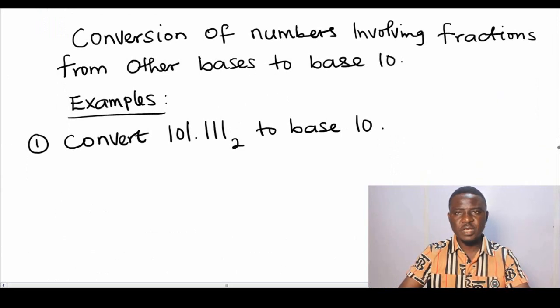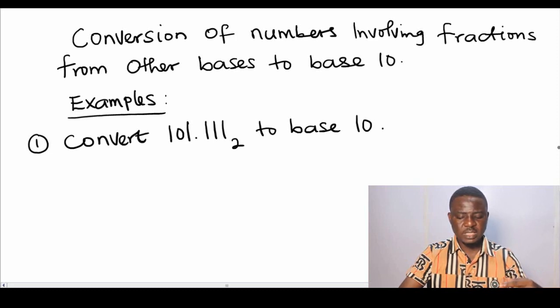I have an example here for us to solve: convert 101.111 base 2 to base 10. We just have two steps to take in treating this.